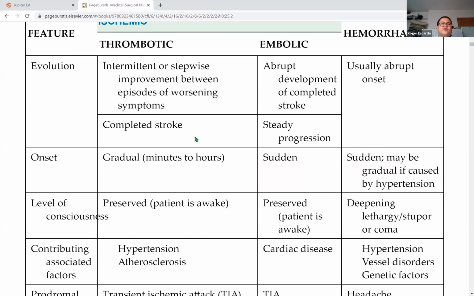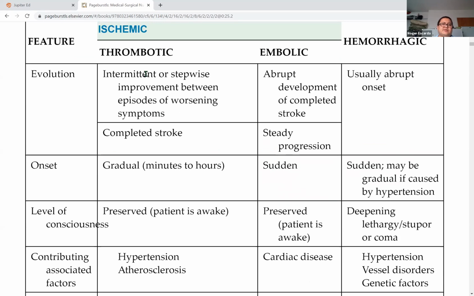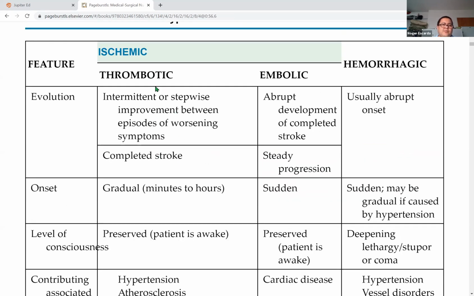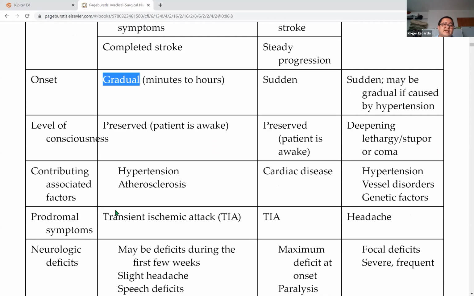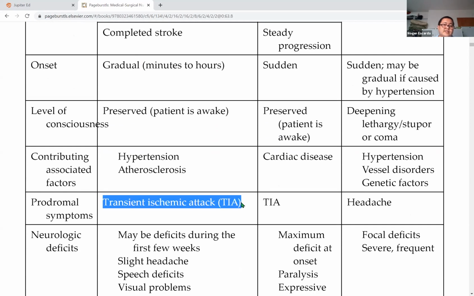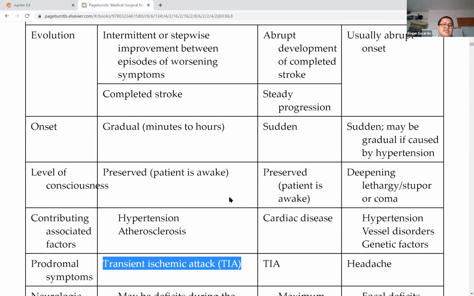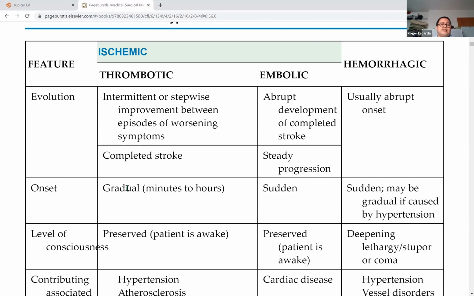Based on the formation, let's say in a thrombotic stroke, the thrombus, or the atherosclerosis, formed within a cerebral artery. So that's why your onset is more gradual, and usually these patients have a TIA. They have a warning sign. Before the patient gets a stroke, they will have one or multiple episodes of a TIA because, again, the thrombus occurred in a cerebral artery.